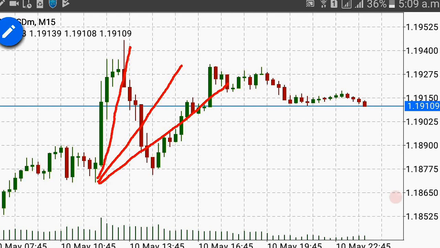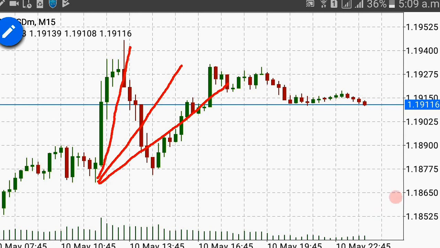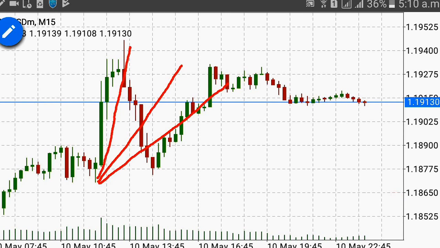Any pair trading above these three angles, especially the 30-35 degree angle, I consider as being in a buying trend. And any pair trading below these three angles, especially the 30-degree angle, I consider a selling trend.